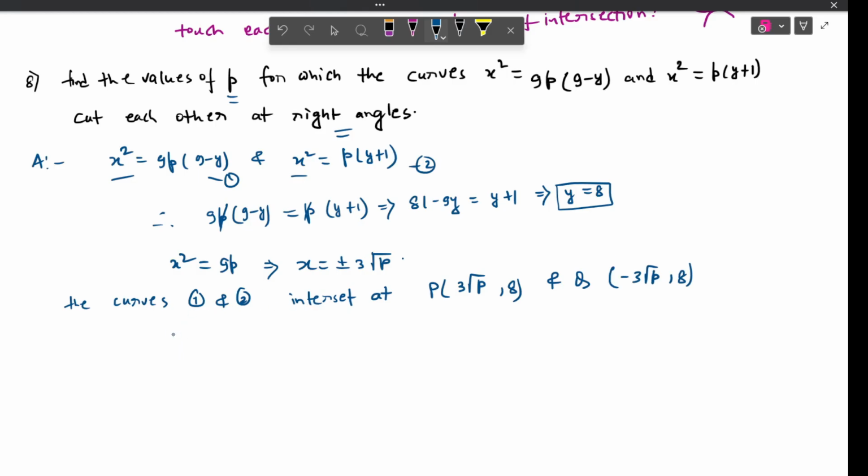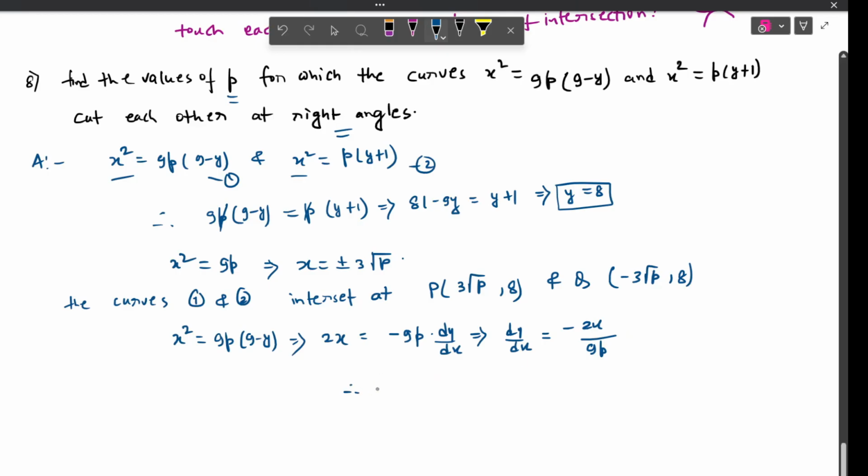Now differentiate equation 1, that is x square equals 9p into 9 minus y. Differentiating, it will be 2x equals, this 9p square would be 0, so it would be minus 9py. So that means minus 9p into dy by dx. Okay, so dy by dx would be minus 2x by 9p, right?